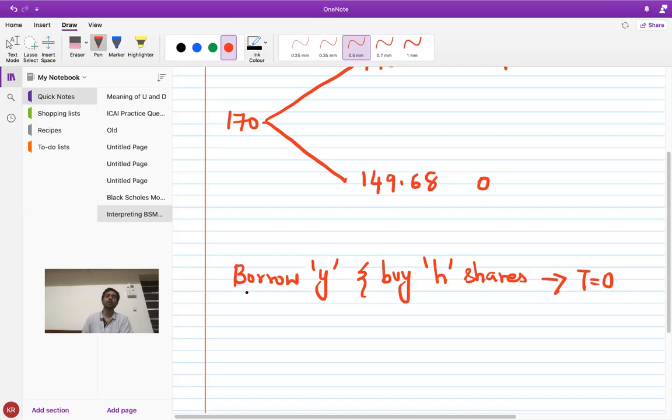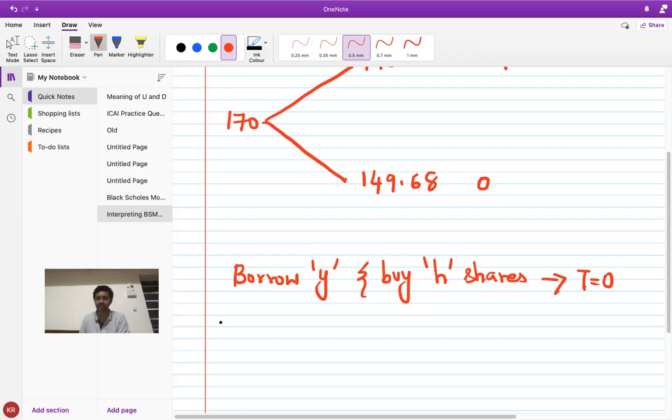When we borrow Y and buy H shares, what is going to happen at t equal to 6? We will sell H shares, because we are buying at t equal to 0, meaning we are going to sell at t equal to 6, and we will have to repay the amount of borrowings that we had actually taken.